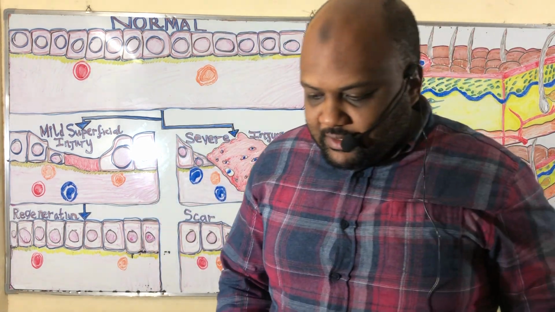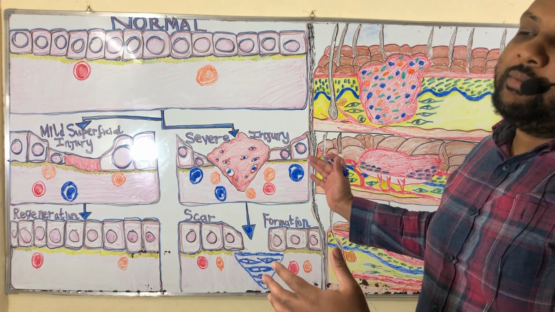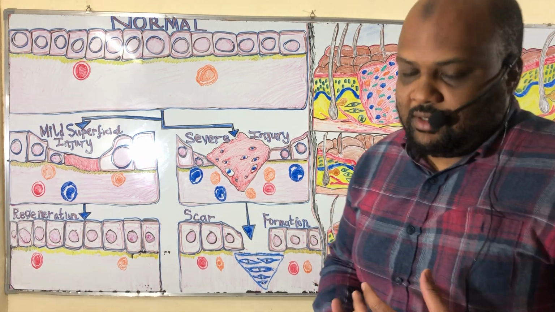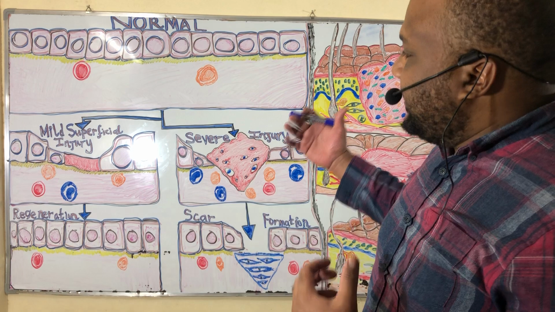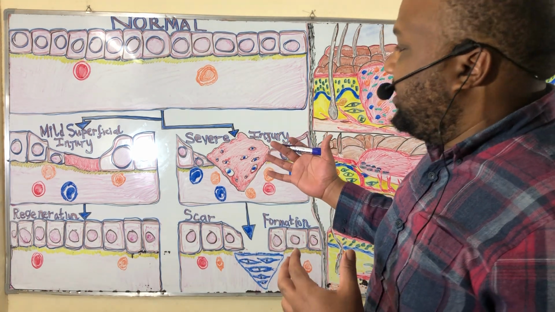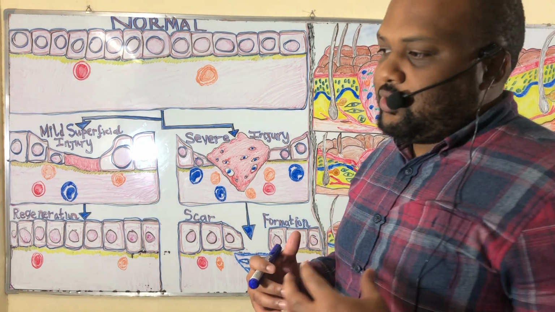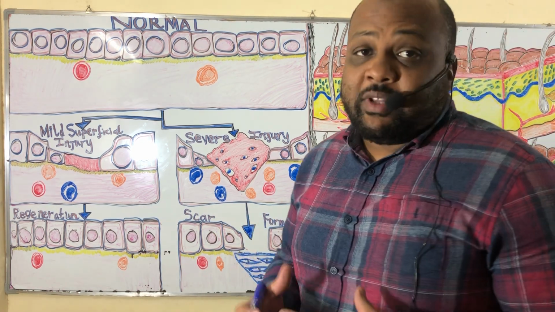And that is, we will be discussing the different mechanisms by which the healing and repair of damaged tissue takes place. We have a normal tissue that undergoes damage. That damage depends on the extent.